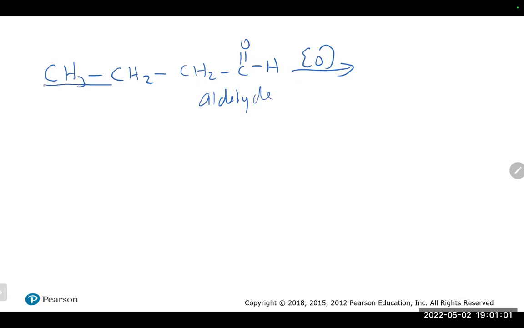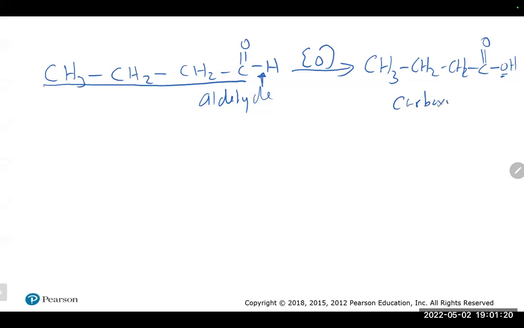Once again, nothing changes except we're just going to insert an oxygen right there. So you should just copy exactly what it looks like on the other side: CH3, CH2, CH2, C double bond, and then put the O in there. That is the only thing that changes. So aldehyde to a carboxylic acid, you basically just insert an O right there. That's absolutely the only thing that changes when you're doing that oxidation. Everything else should look exactly the same. Just put an O in place there.